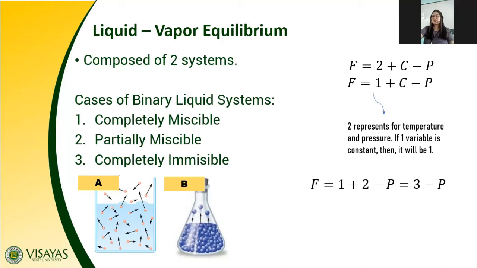As you can see here, you have component A, which has its respective molecules, and you also have component B, which likewise has its respective molecules.